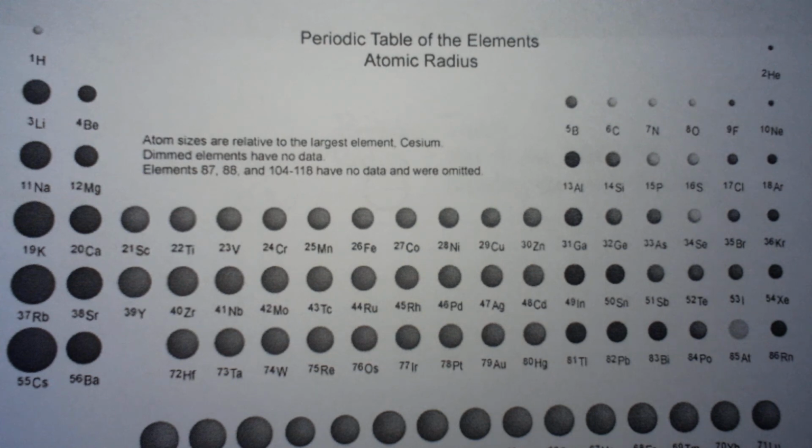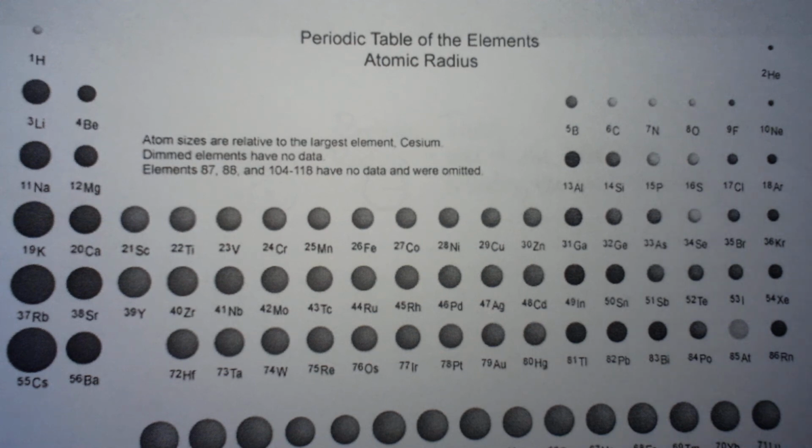Let's take this down to its most simple form. Where do you see the largest circles on this periodic table? Down here. Cesium 55 is the largest circle on this picture. The smallest circle is up here. Helium. Little tiny helium.